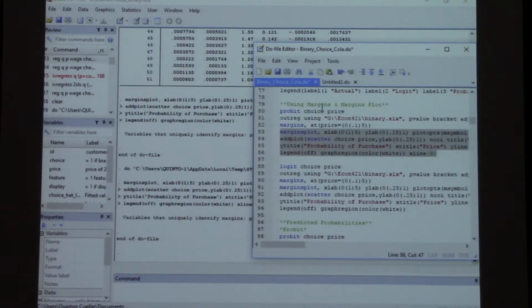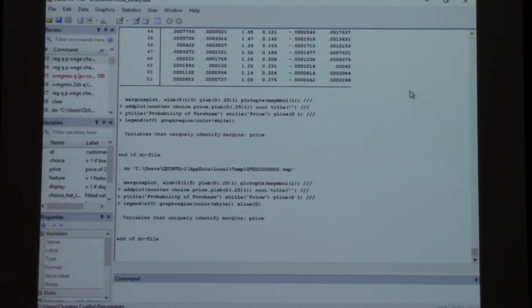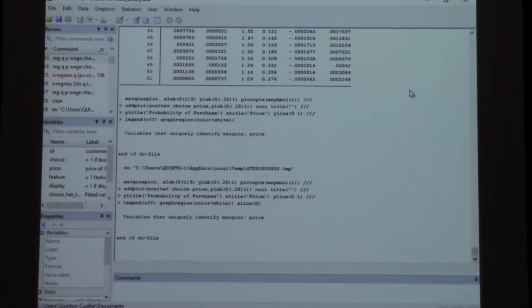A lot of the commands we use for scatter diagrams, for graphs in general, are pretty similar to ones that we're going to use in margins plots, but marginsplot is a lot more powerful. It's newer, so some of these things are different.